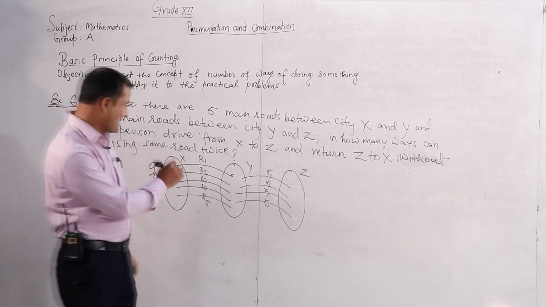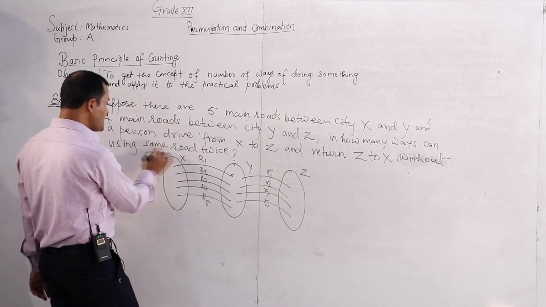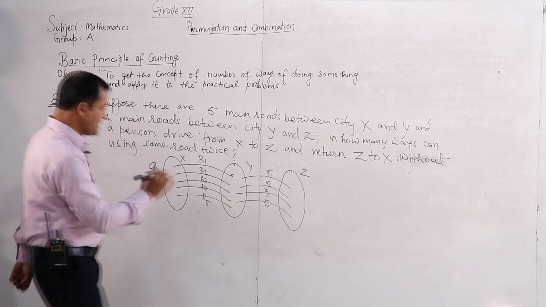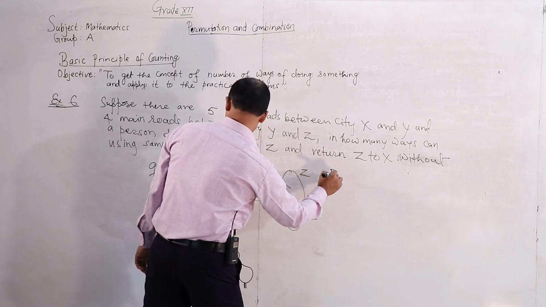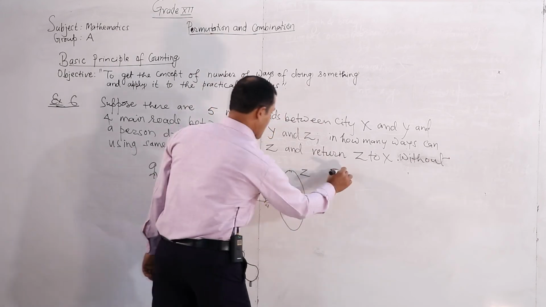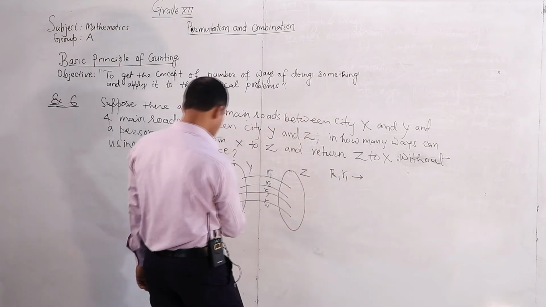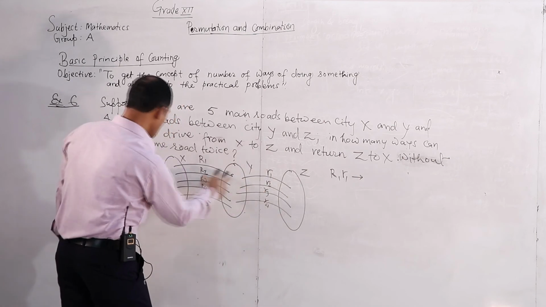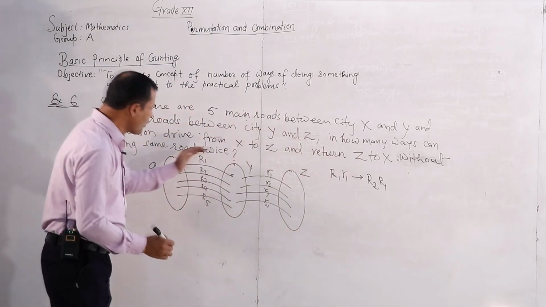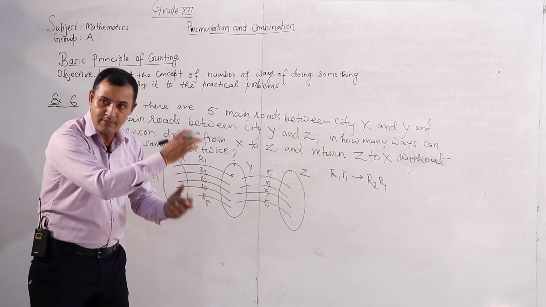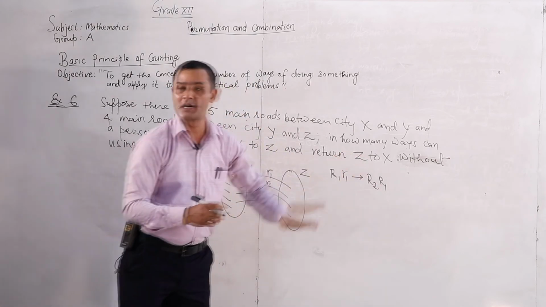But the condition is that he cannot use the same road twice. So, for example, R1 while going, and while returning maybe R2 R1. That is fine. But R1 R1 is not allowed.